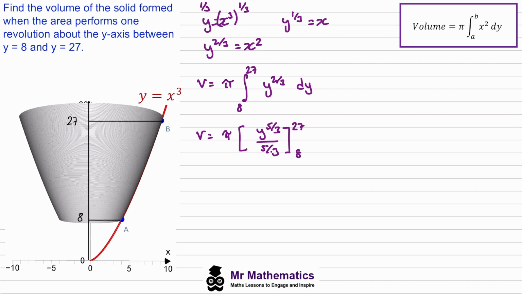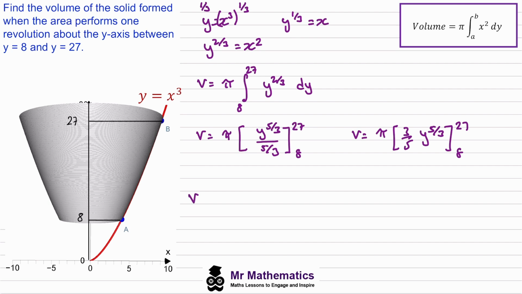We can tidy this up by changing this division to a multiplication, so the volume will be pi multiplied by 3/5 of y to the 5/3 between our limits. So now all we need to do is substitute in our limits.